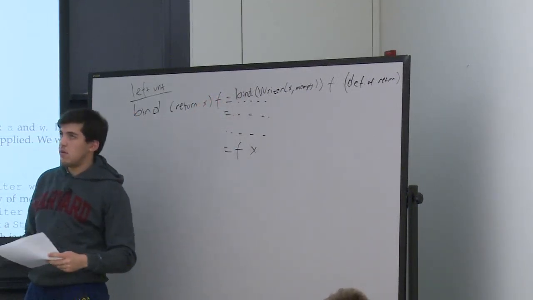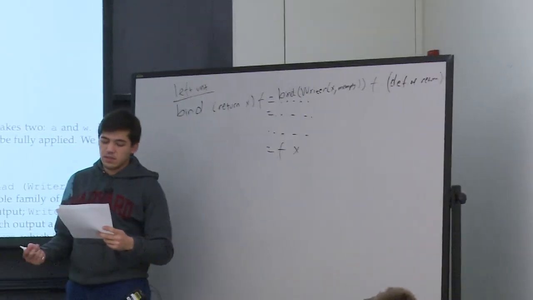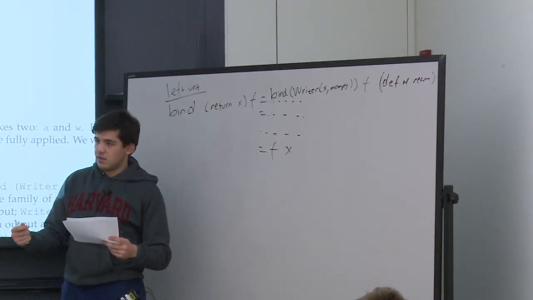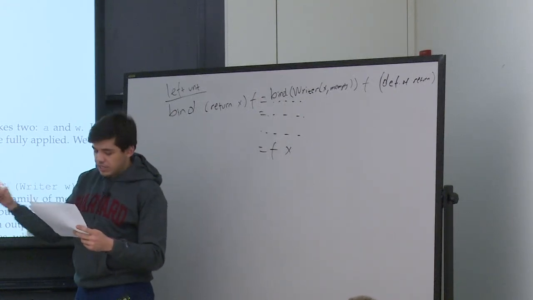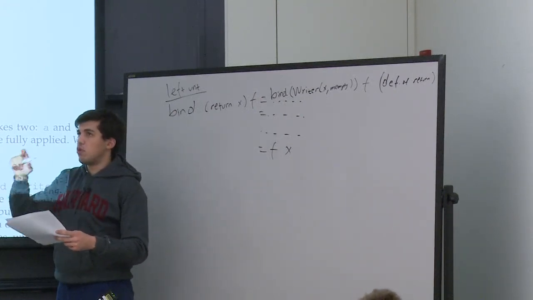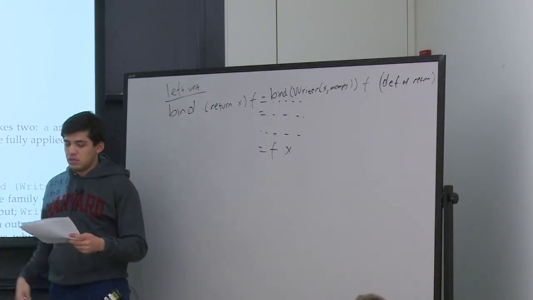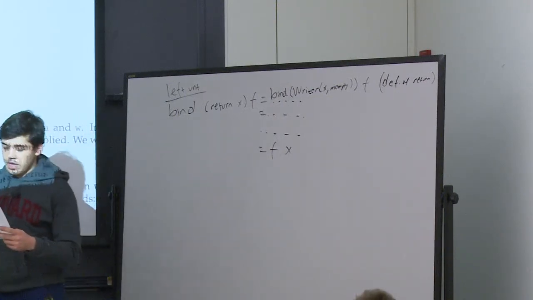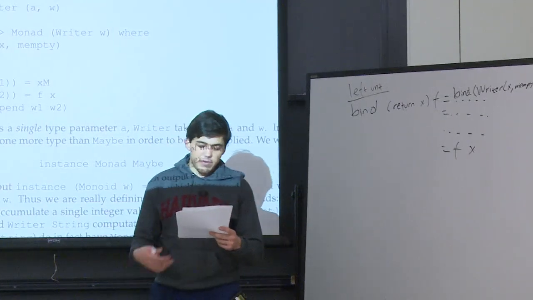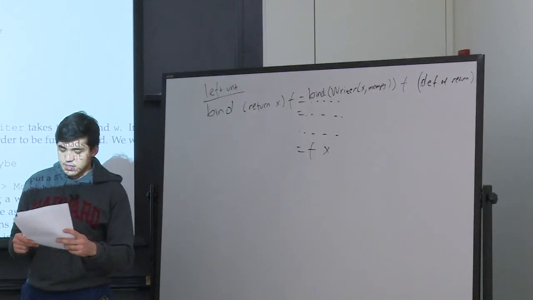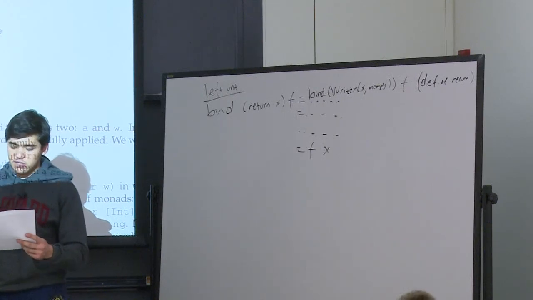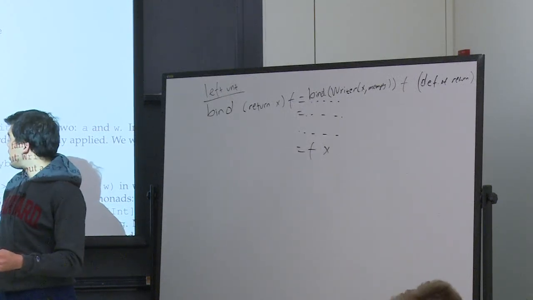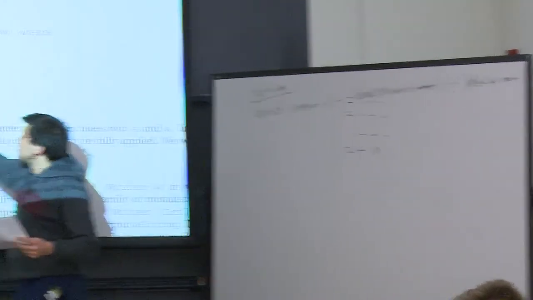I would suggest you utilize the function bind on writer and work step by step towards simplifying. There are some variables you can get rid of, without giving too many hints. You'll go from 3 lines to 2 lines, simplify those further, and at the end you should end up with f x.